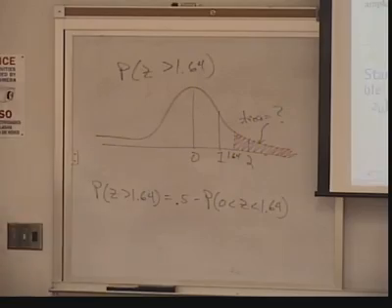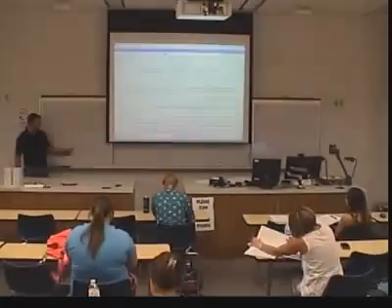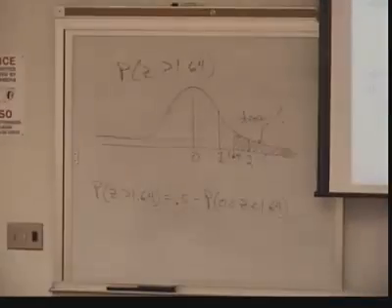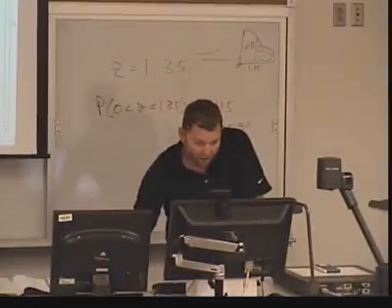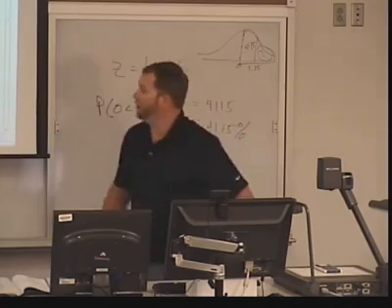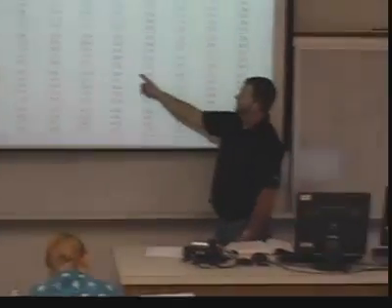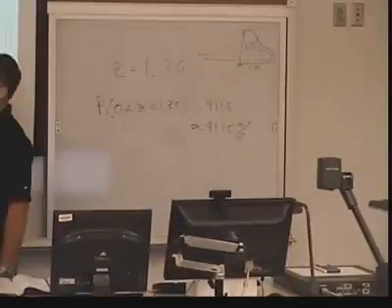So let's go find this. This piece is listed in the chart, right? So let's go find the area at 1.64. Here's 1.6, right there. Everybody agree with that? 0.4495.